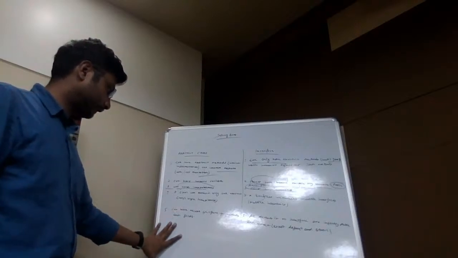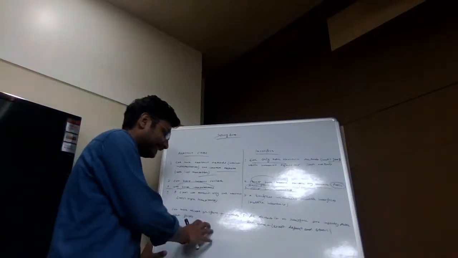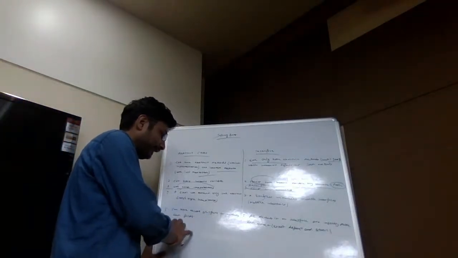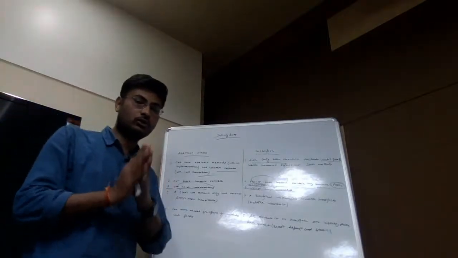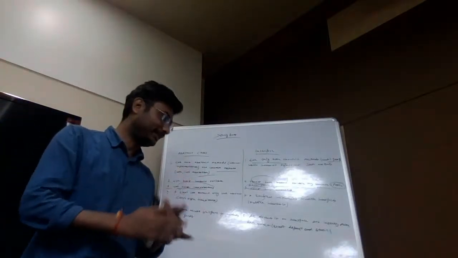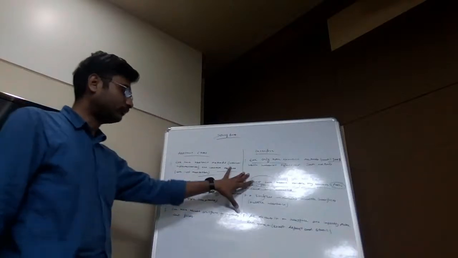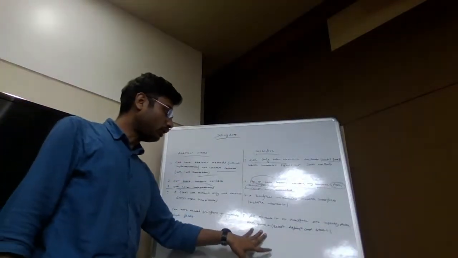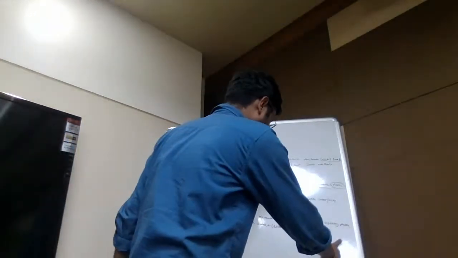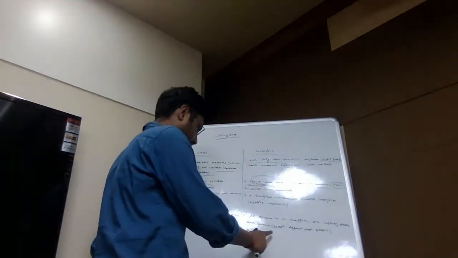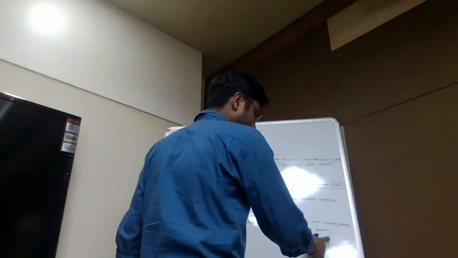Now the fifth difference. An abstract class can have access specifiers for both fields and methods. But in case of interface, all methods are implicitly public and abstract, except the default and static ones.